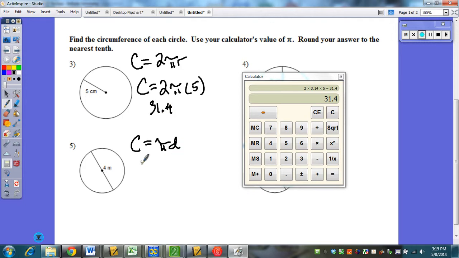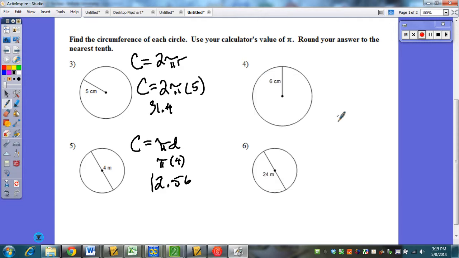The next one, we're given the diameter, which is equal to 4. So to find that, we have pi 3.14 times the diameter, which is equal to 4, and we get 12.56. Okay. All right, for the next ones.